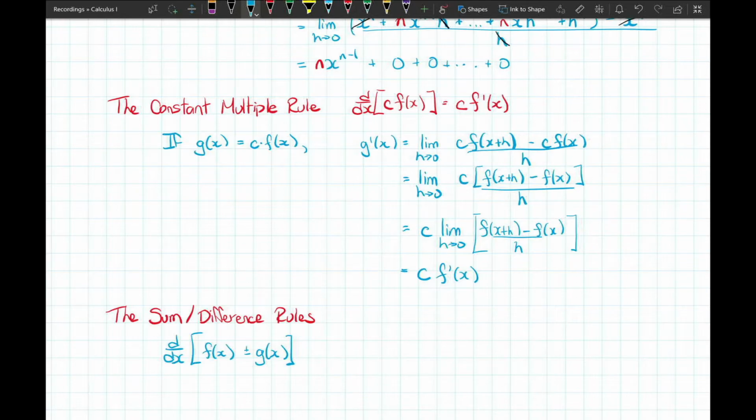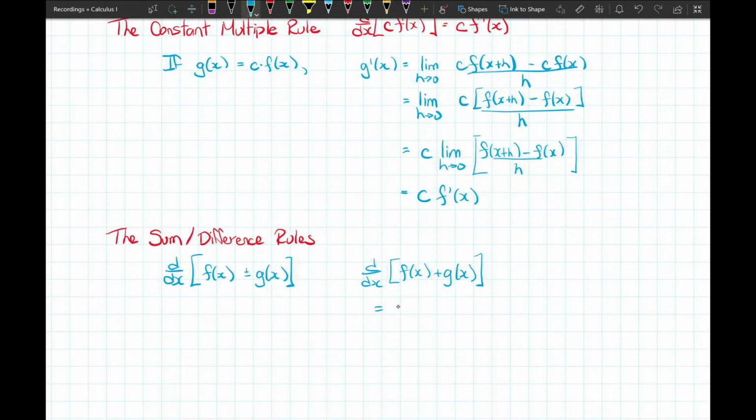Okay, well, how do we take the derivative of two functions added or subtracted? Why don't we first start off by thinking about addition? So the example here would be if we want to find the derivative of, let's say, f of x plus g of x. By the definition of the derivative, we take the limit as h goes to 0.